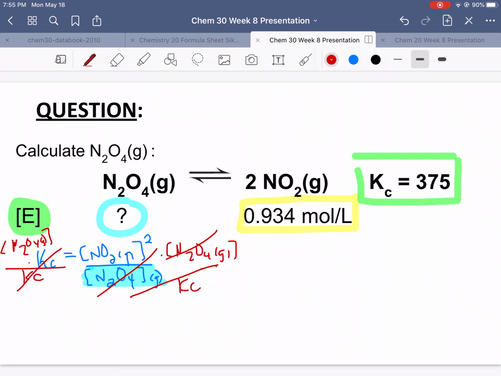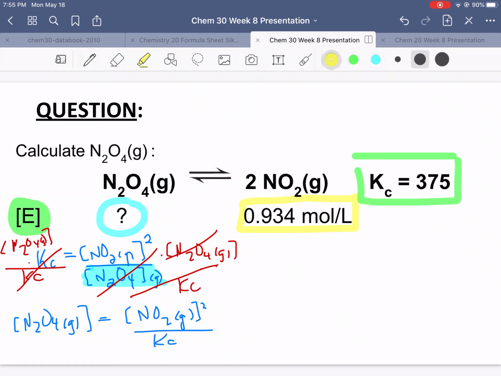Equilibrium constant cancels out. End result, we have concentration of N2O4 gas is equal to the concentration of nitrogen dioxide gas squared divided by the equilibrium constant. There it is. A rearranged equilibrium law that we can now calculate with.